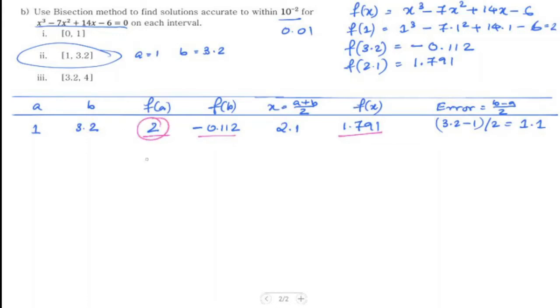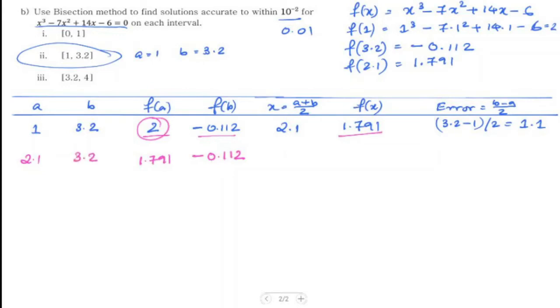So instead of 2 it will be 1.791 here, and this will remain as it is, that is minus 0.112. And because f of a is replaced by f of x, instead of a the value of x will be taken, which is 2.1. So this will be 2.1 and here will be 3.2.